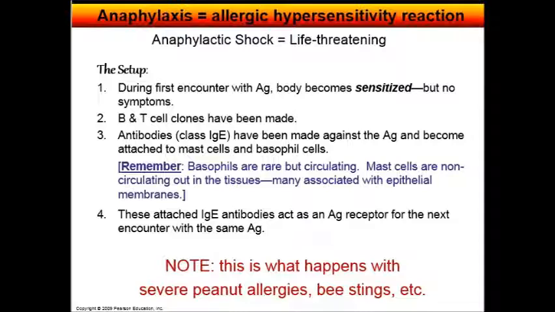All right. So, this idea of antigen presentation. We have several different types of cells. We've gone over B cells. And B cells, these are circulating in the bloodstream, right? Type of leukocytes.